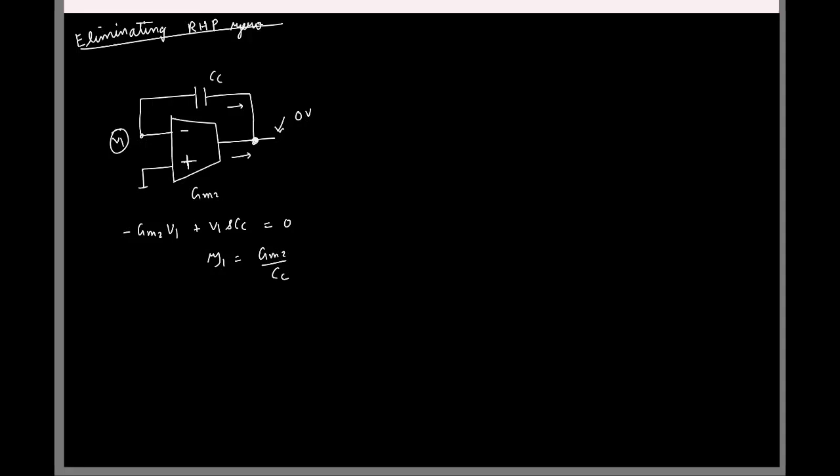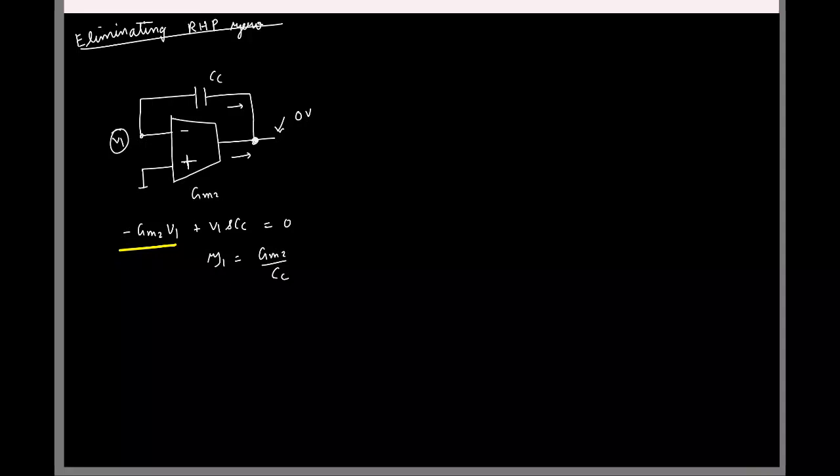And this 0 is at the right half plane because the current from one of the paths has a 180 degree phase shift compared to the other path. The capacitor provides 0 degree phase, while the GM provides a current that is 180 degrees out of phase. So the bottom line is we have the 0 here because we have a path for the current to flow in this direction.